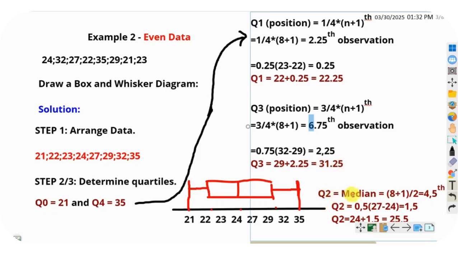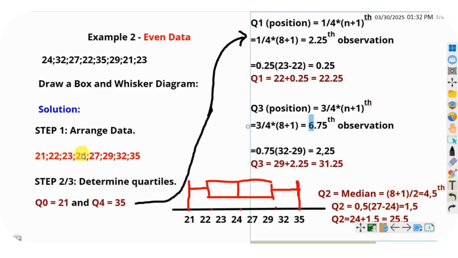Okay, so then again you need to find Q2. Q2 is what? It is the median, the number in the middle of the arranged data set. With even data, we get the median a bit differently. It's going to be n plus 1 divided by 2, to get the observation. So 8 plus 1 is 9, 9 divided by 2 is 4.5 observation.